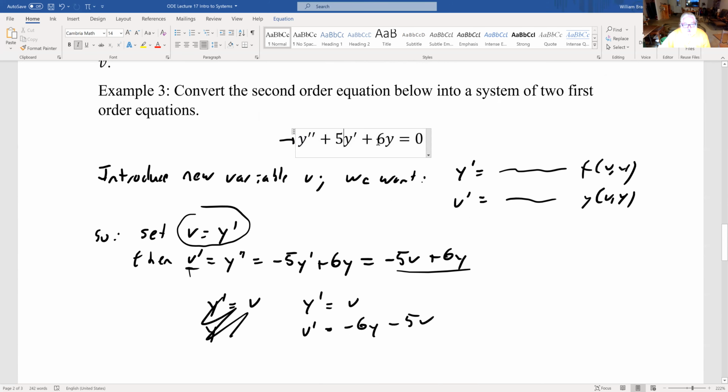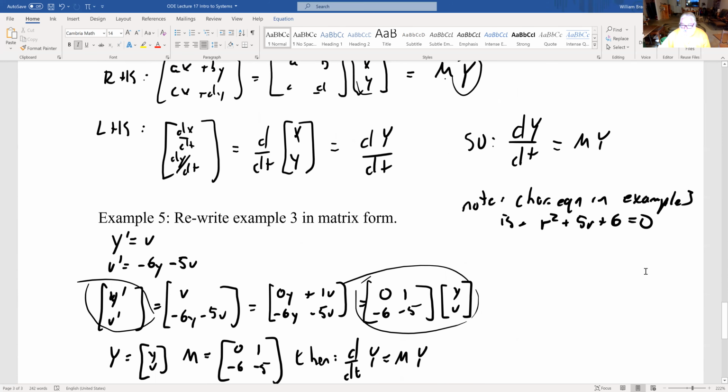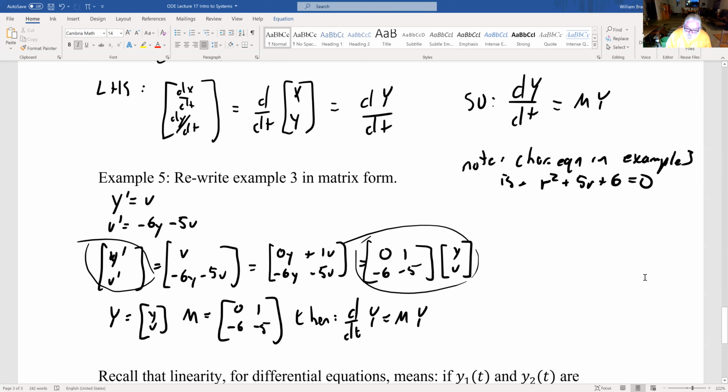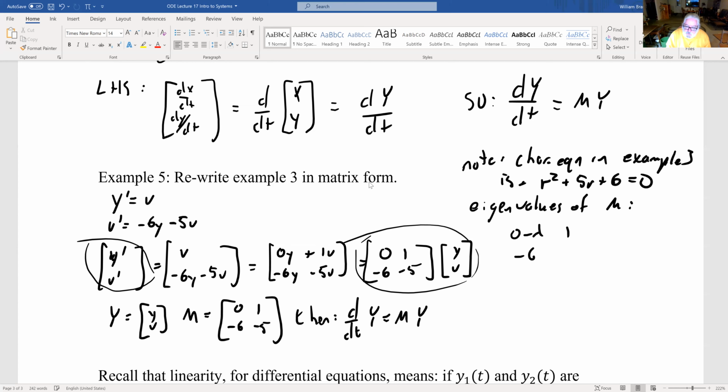R squared plus 5r plus 6. To find eigenvalues of the matrix M, what do we do? We subtract lambda off of the main diagonal, think of that as a matrix and try to calculate its determinant, set it equal to 0 and solve for lambda.